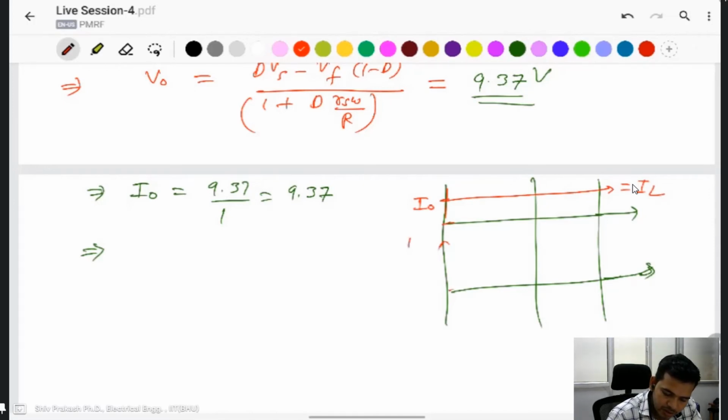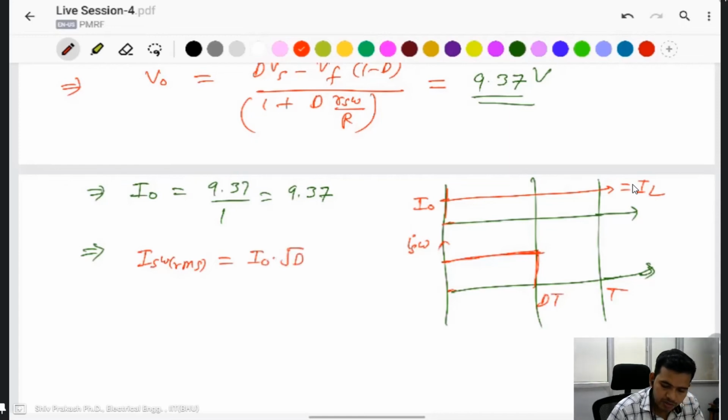Switch current: when the switch is present, this current also flows like that. Average switch current for dT, this will be T. Then find ISW RMS equal to I0 into root d. dT by T, you find the dT cancels out.